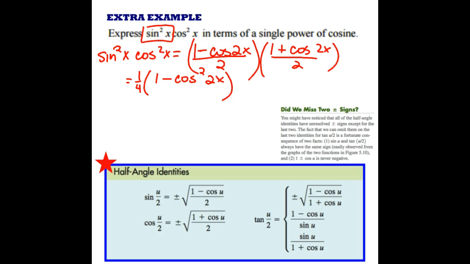Agree, disagree? Okay. Have I completed what they've asked me to do? No, I still have a cosine squared. I can only have a cosine to the first. So again, I have to take this part here, this cosine squared part, and reduce it again.